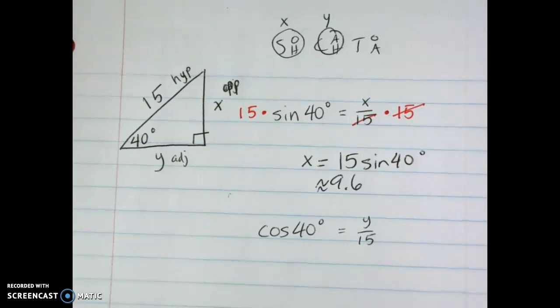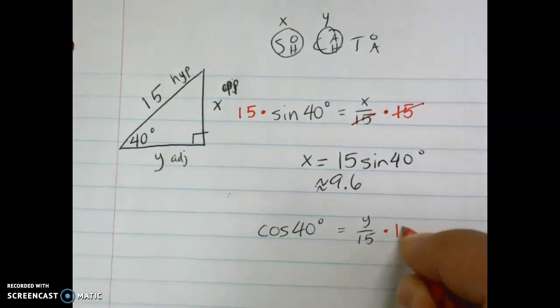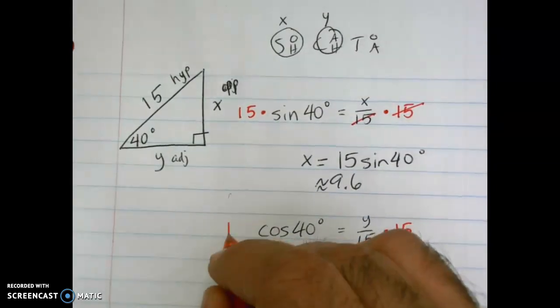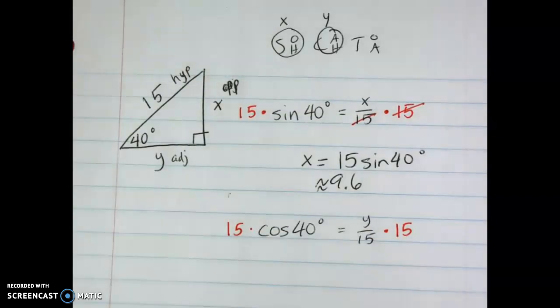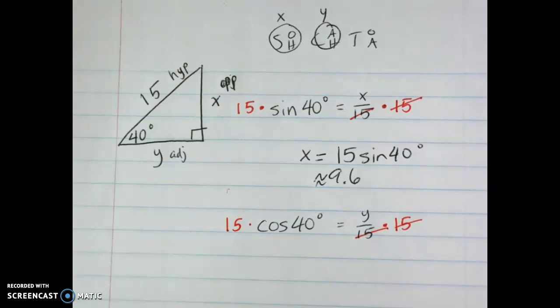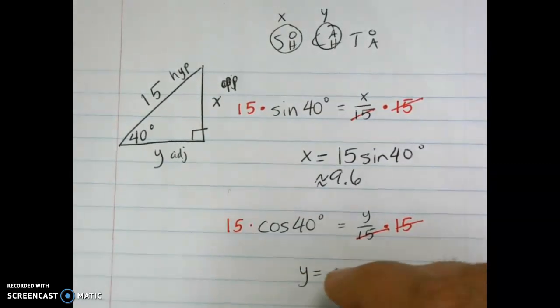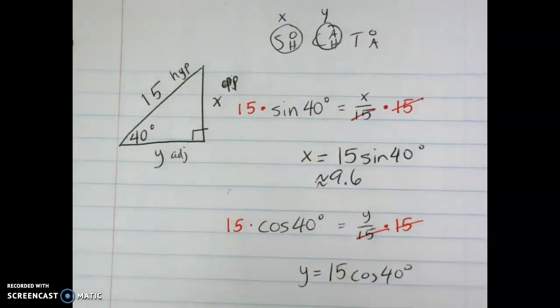Now guys, this is going to be a very similar situation to how we solved for x, because I'm going to multiply by my denominator, cancel that out, and now I've got my answer, which says that, I'm going to switch the order again, y is equal to 15 times cosine 40 degrees. Okay?